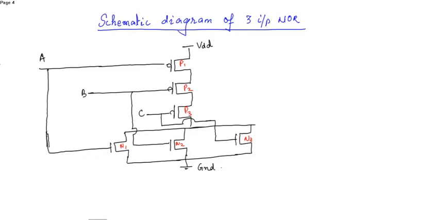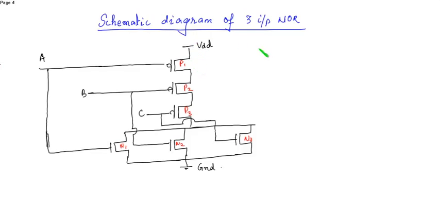After labeling the PMOS and NMOS, now let's see which are the terminals, that is sources and gates.